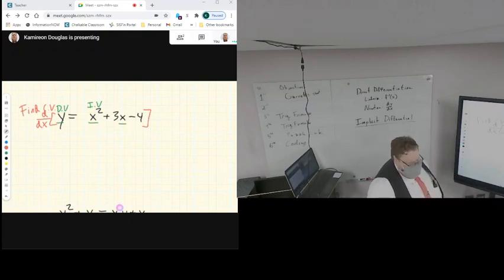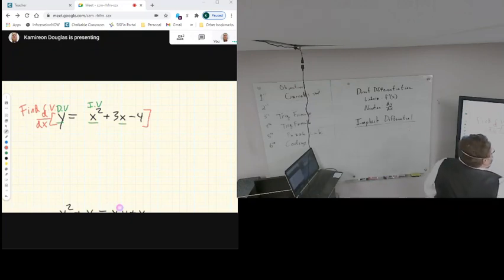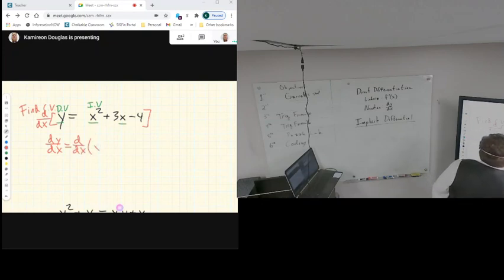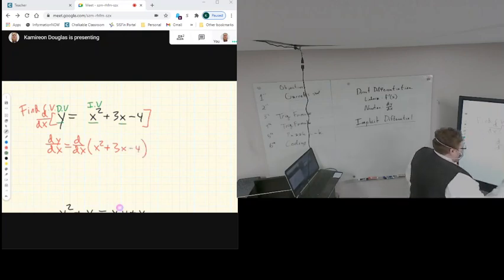So what does that do? The d dx is applied to everything. So dy dx is on the left-hand side, and then we take a derivative with respect to x of the right-hand side. Watch how this works on the right-hand side.